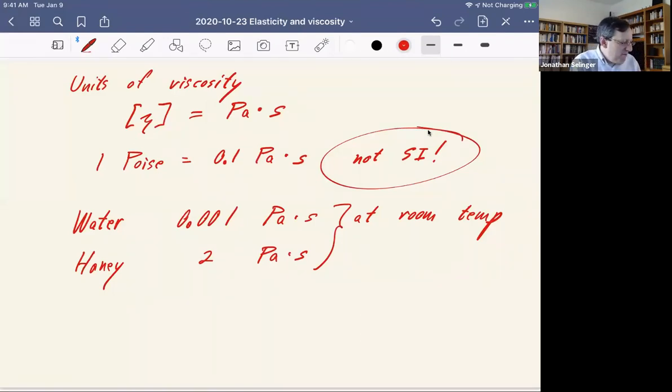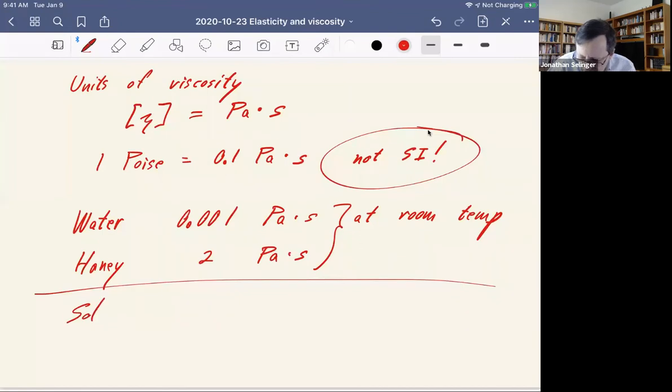Now, the point that I'm trying to get to is that the difference between the mechanical properties of solids versus liquids comes down to this distinction of elasticity versus viscosity.